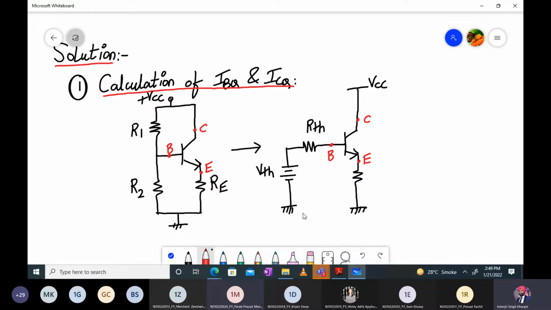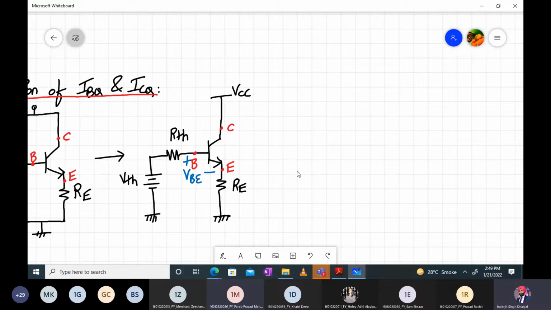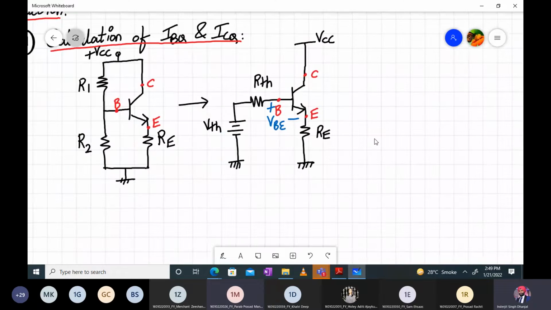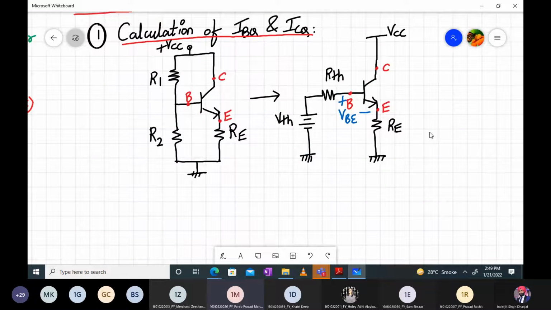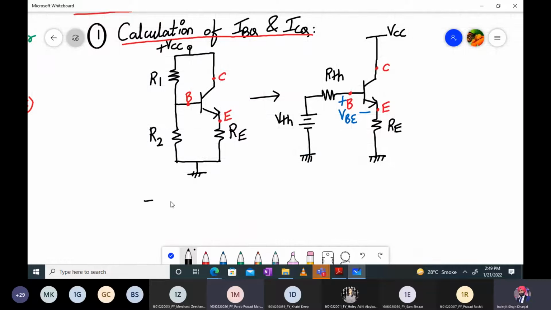So here is my emitter and base. And now how will you proceed? This is my VBE. Okay, this is RE. So what do you do? You apply the KVL to the input loop and then you find out the value, right? So for this network, your VTH will be same as we have found out earlier. So VTH is R2 divided by R1 plus R2 into VCC.